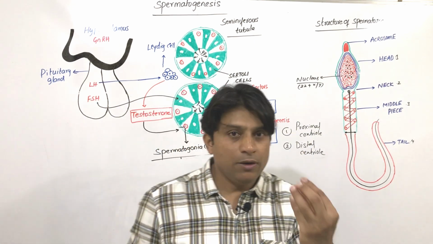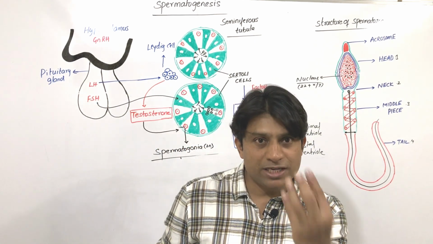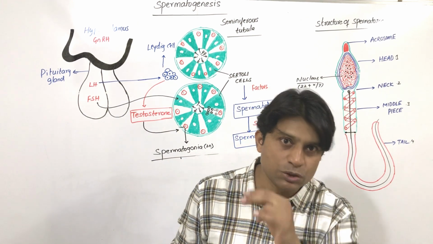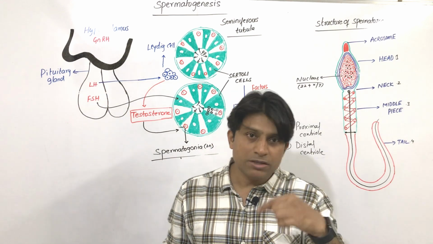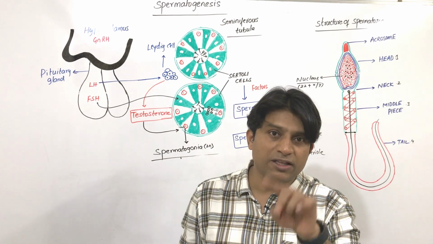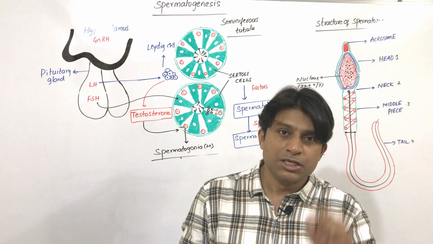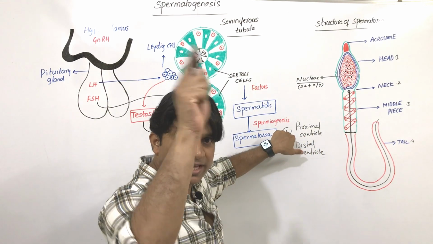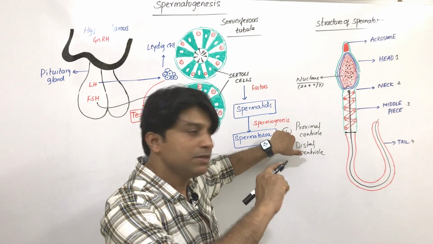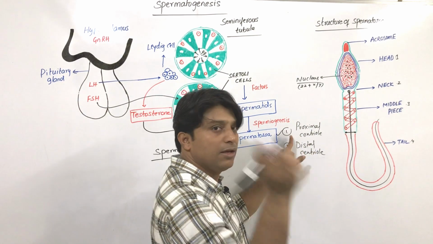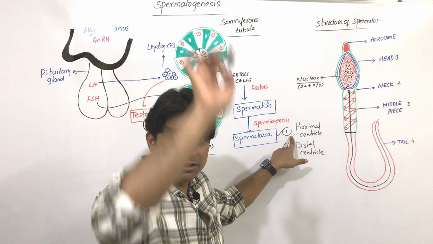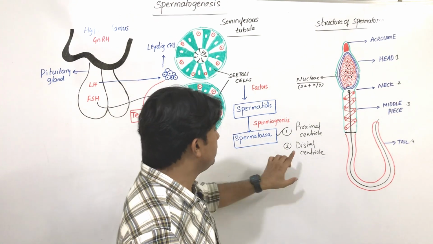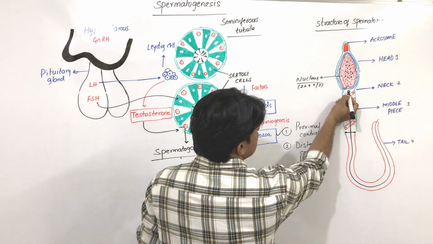When the secondary oocyte is released in the female, that completes only meiosis 1. Meiosis 2 is not completed. Meiosis 2 will be completed only after the penetration of the sperm. So the proximal centriole helps in completion of the second meiotic division in the ovum, so it helps in the fertilization.